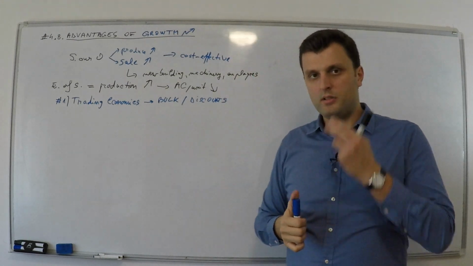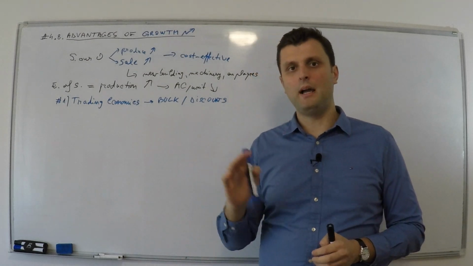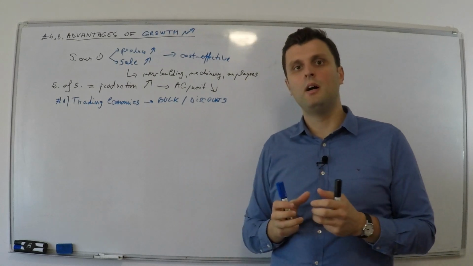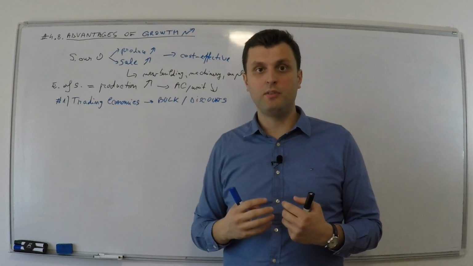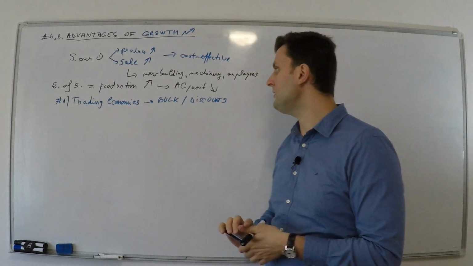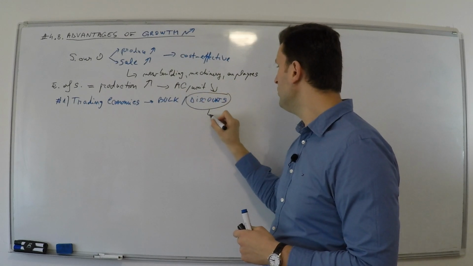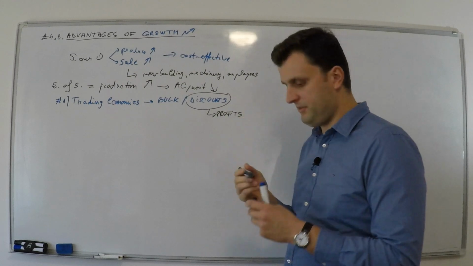Everybody loves those buyers that buy in bulk, that buy repeatedly, that actually aim to increase the volume of what they want to purchase. And as a supplier, you're going to give them discounts. And these discounts from buying in bulk, you will be able to turn into profits as a business.